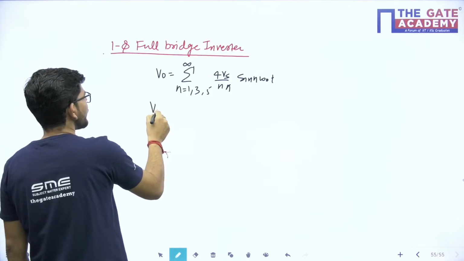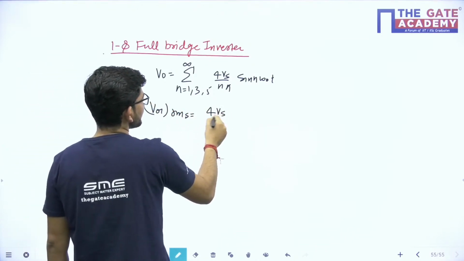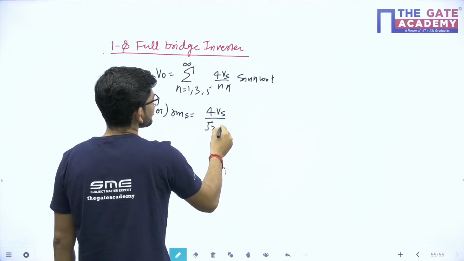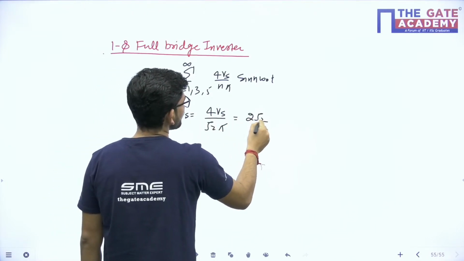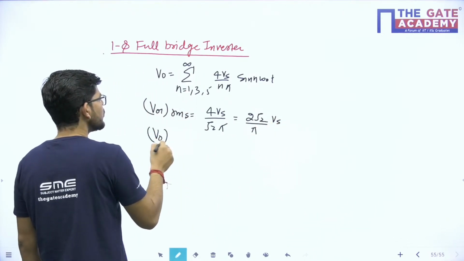Now, what will be the fundamental RMS component here? It will be 2 root 2 upon pi into Vs. What is the total RMS value of the output voltage?